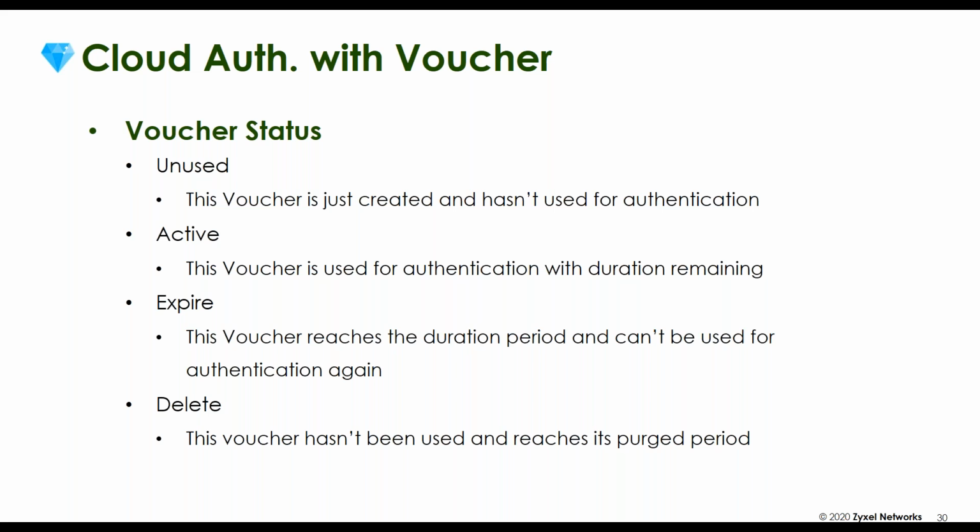And delete is when a voucher has been created, but it hasn't been used and it reaches its purge period, in which case it just deletes it and the voucher is null and void now. As it says at the bottom, it is key to note that deleted and expired vouchers will be removed from the voucher list by the next day, but the logs will be kept, so you can still look back at 30 days, 365 days of the actual historical information for the vouchers and what they've been used for.